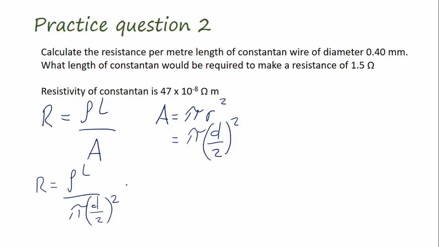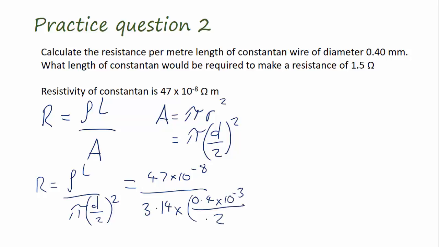Okay, now let's substitute our numbers into this. We've got the resistivity of 47 times 10 to the minus 8 ohm metres. The length is 1, and we're going to divide that by pi, let's put it as 3.14, times the diameter, which is 0.4, but we've got to be careful because we're in millimetres, so let's multiply that by 10 to the minus 3. Divide that by 2 and square that.